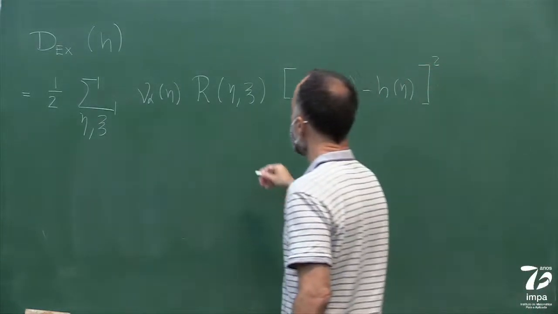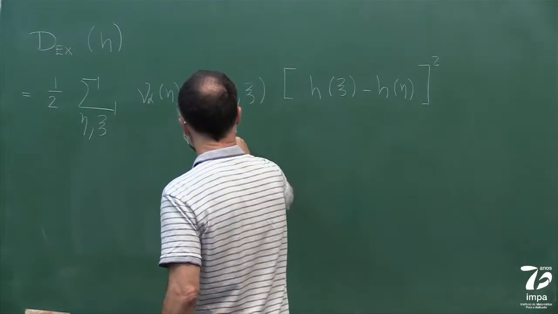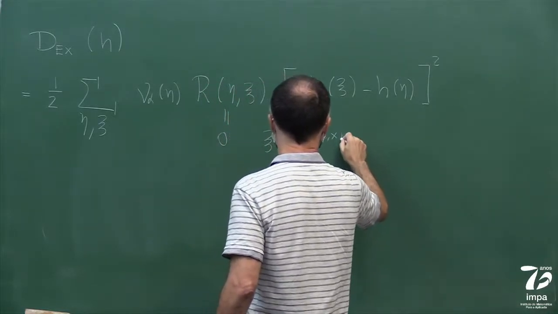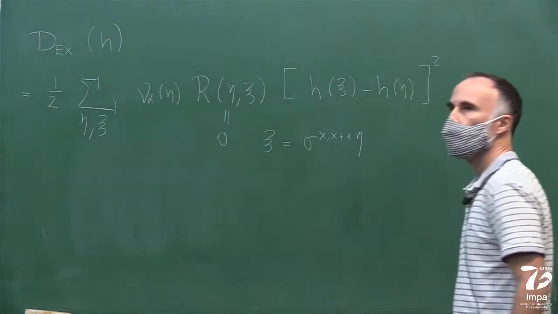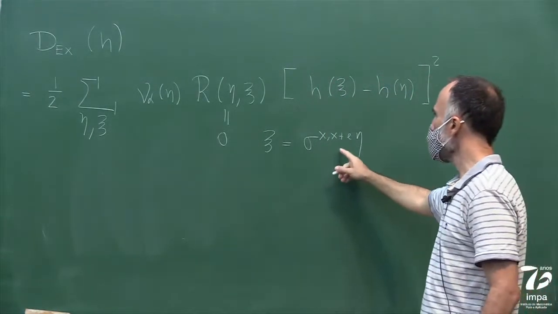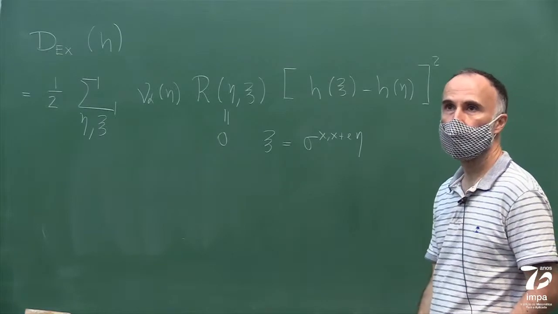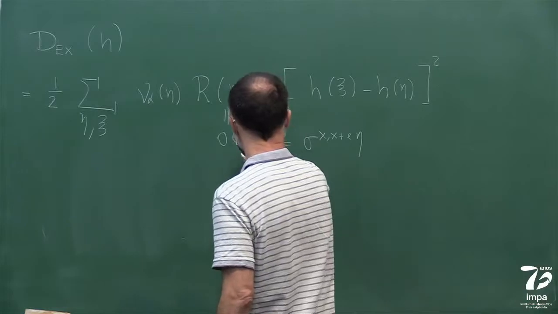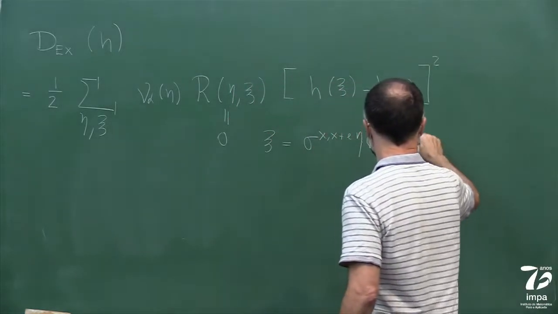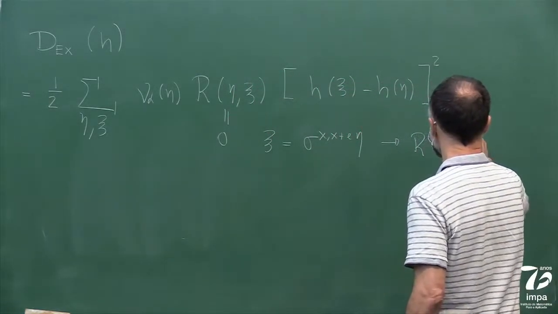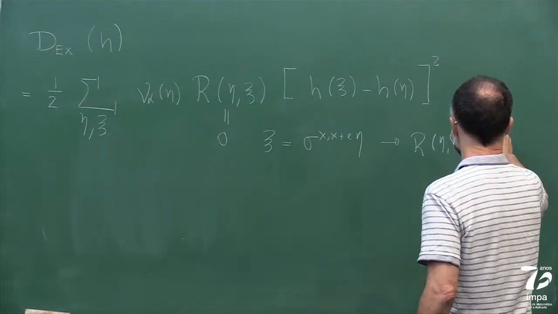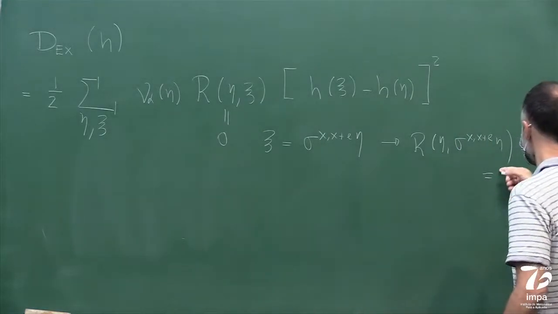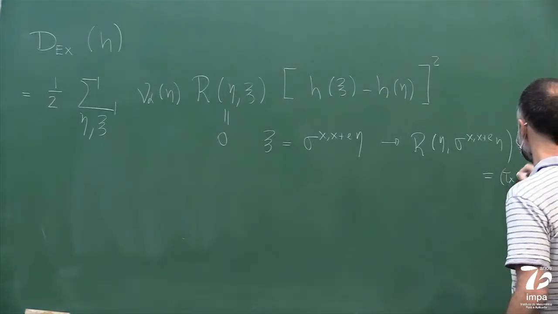And now I have to remember that this is 0 unless xi is equal to sigma x, x plus e of eta. And if xi is equal to sigma x, x plus e of eta for some x, then the rate at which I jump from eta to sigma x, x plus e of eta is what I called there tau x, c of eta.